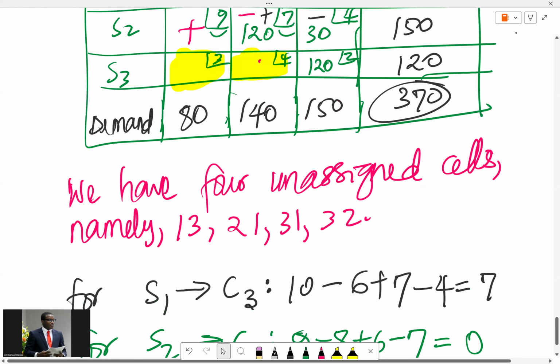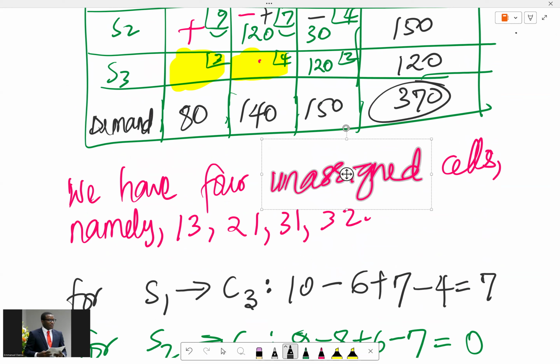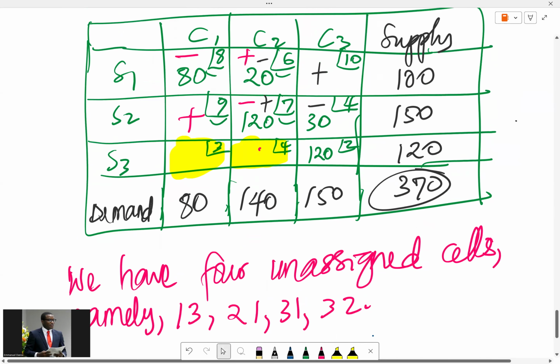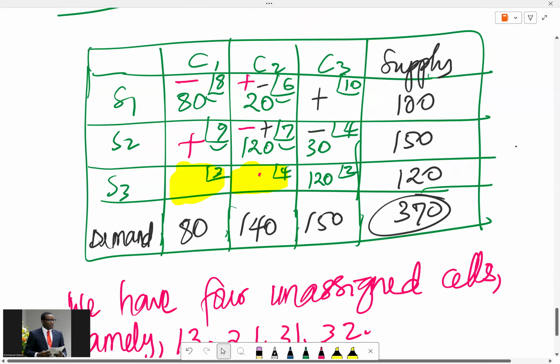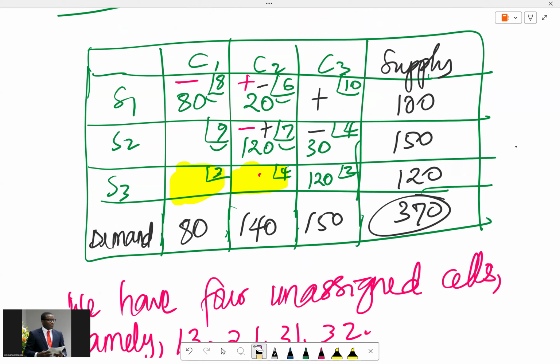I guess this is going to be a bit trickier, so let me totally change the marker. Let me go blue now. Our focus now is shifting to supplier 3, consumer 1. I need to erase all this to avoid confusion.